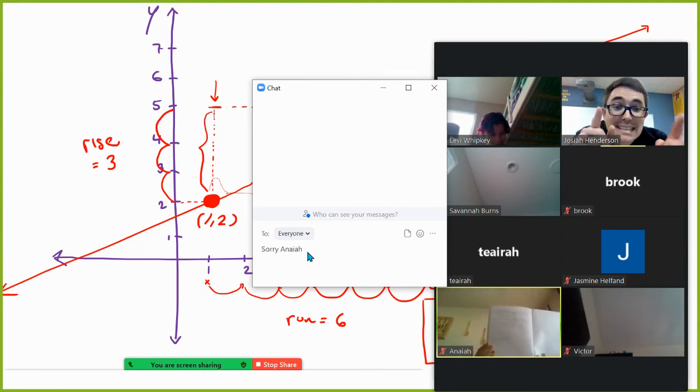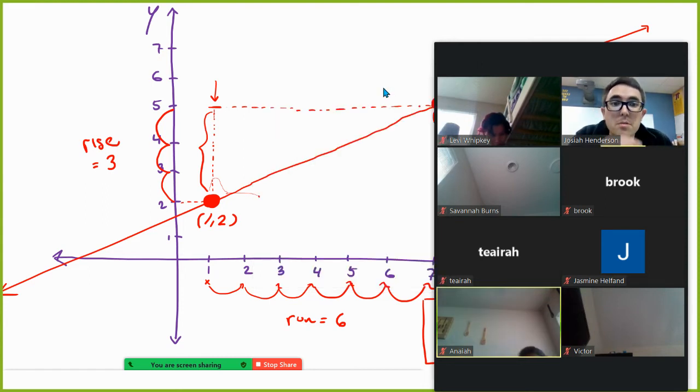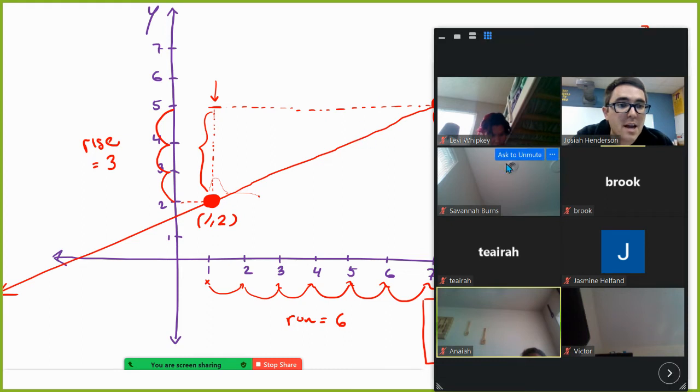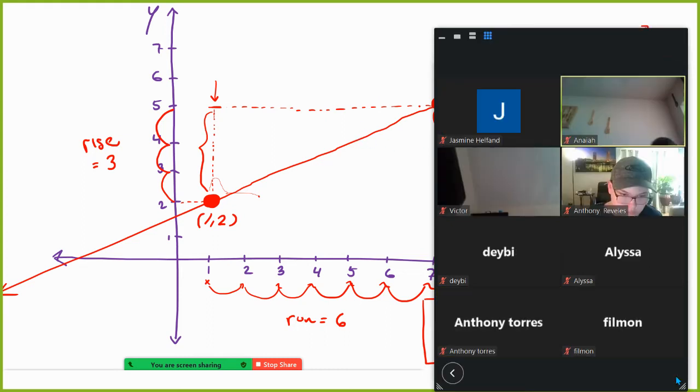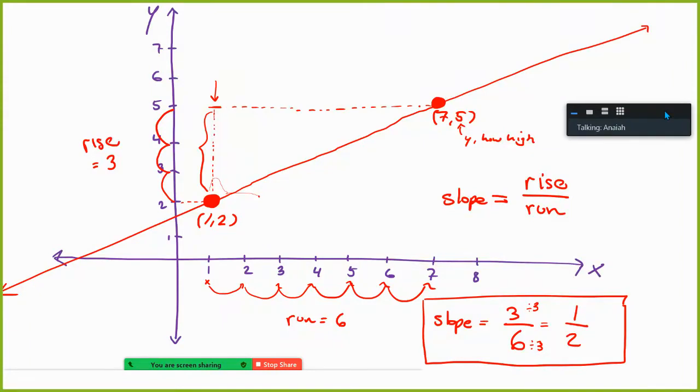Oh, Anaya, I see that. Thank you. All right. Thank you to all of you, Levi, Savannah, Tira, and Anaya. If you haven't already, take a picture of this page. I'm going to move my thing out of the way. And then we're going to move on and look at some more slope problems.